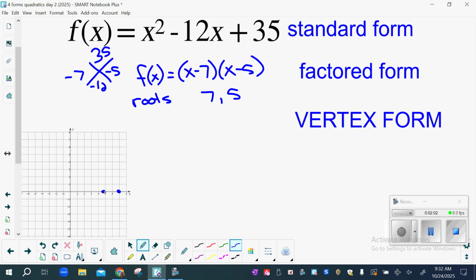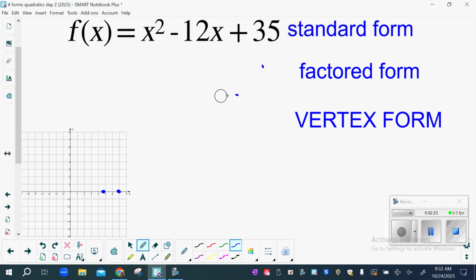Now, we got the next one, vertex form. And you know what that is? That's what we did yesterday. So let's just do exactly what we did yesterday. Can I erase the factored form? Yeah, no one's looking at me like you're crazy. Okay, let's do vertex form. Remember what we do for vertex form? Number 1, we write it as y equals x squared minus 12x plus 35.